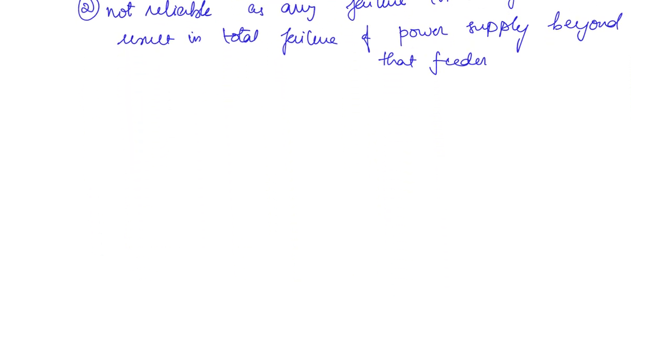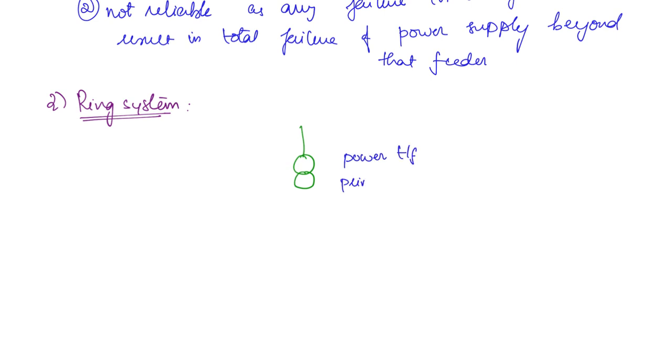The next type is the ring system. In the ring system, the main feeder that is coming from the transmission substation, or you can call it the primary substation, let us say this is the power transformer or the primary substation.